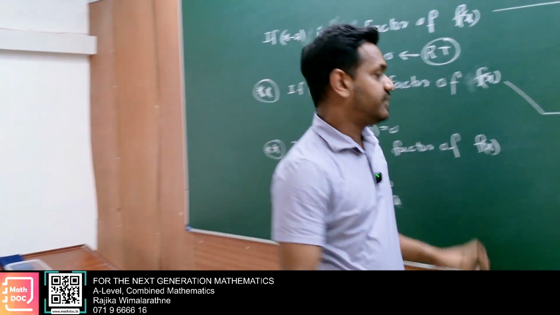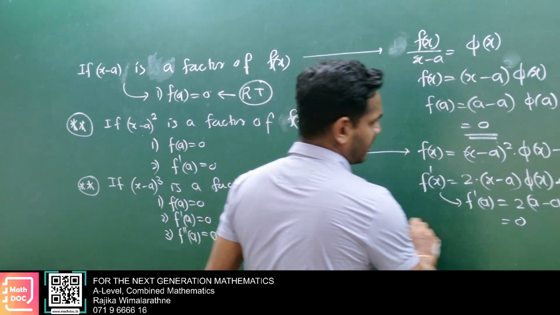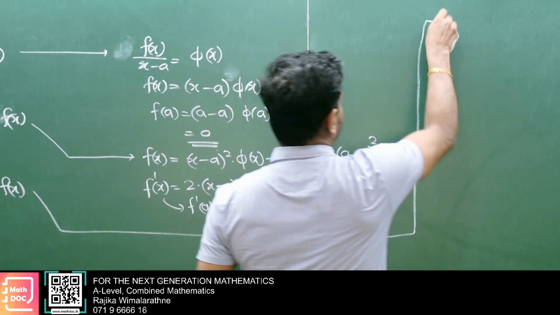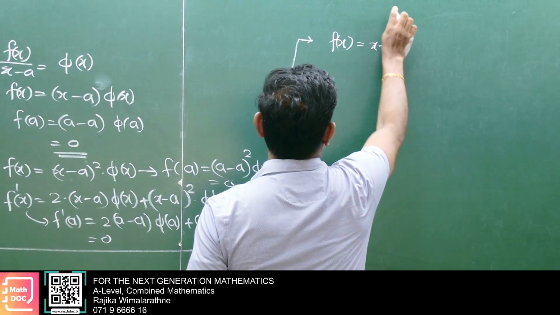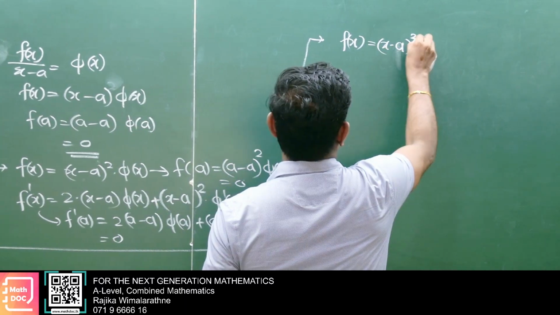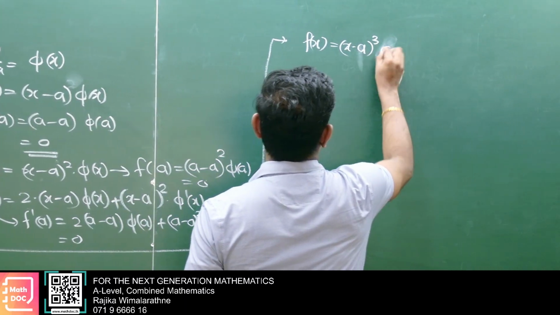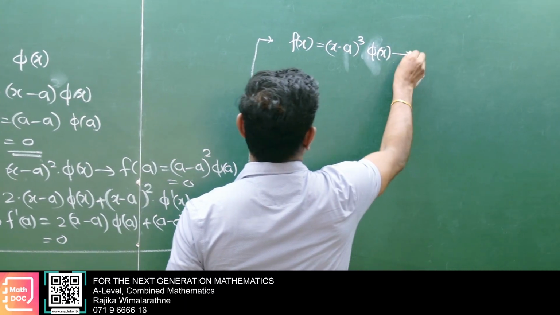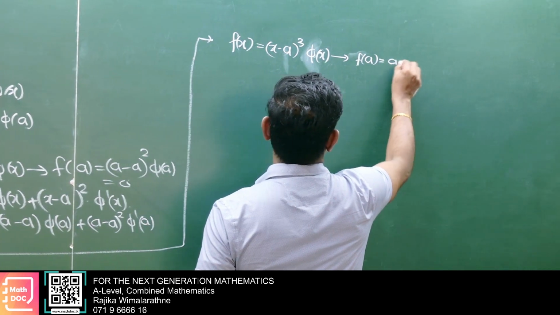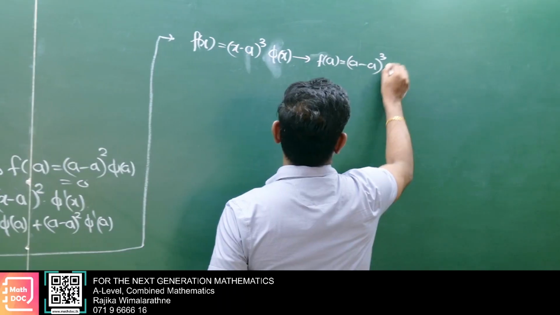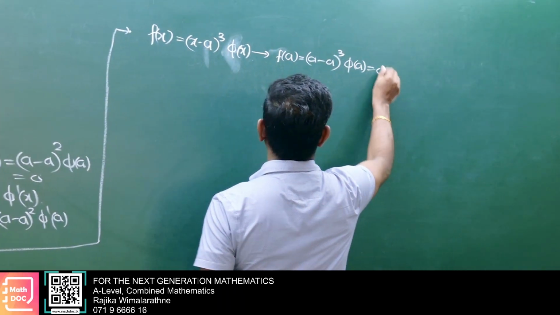See, third one. f(x) equals (x minus a) cubed phi(x). Then by this you say f(a) is 0, (a minus a) cubed phi(a), it is 0.